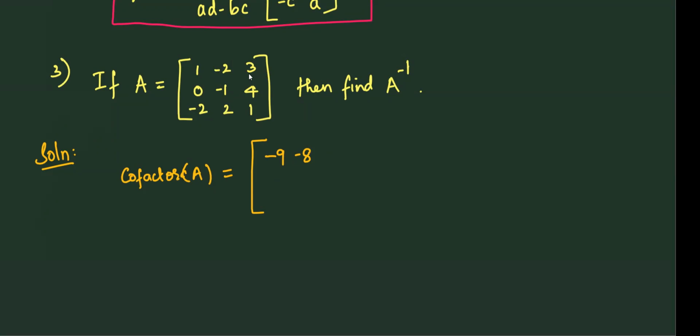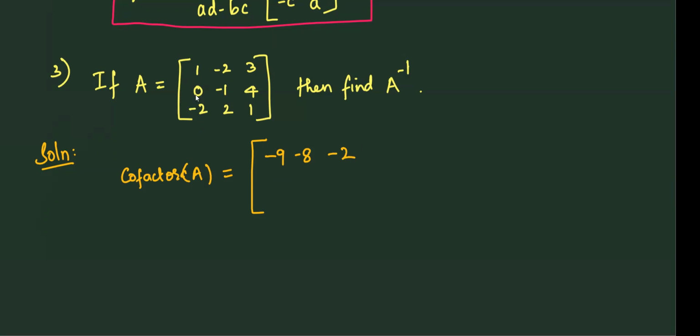The third term is associated with a plus sign, third element, plus sign. Remove the first row, last column. 0 minus of minus 2 into minus 1. So minus 2, associated with a plus sign.